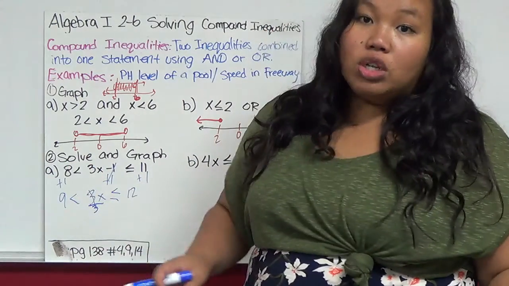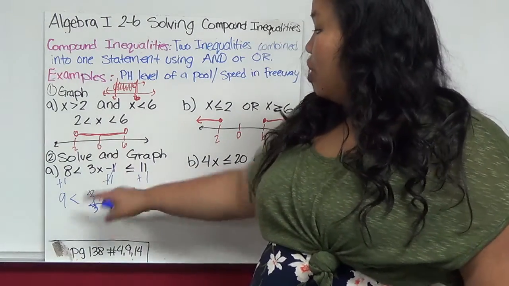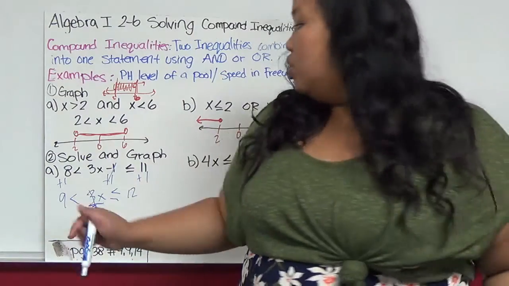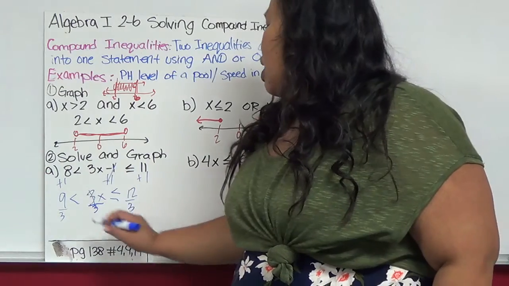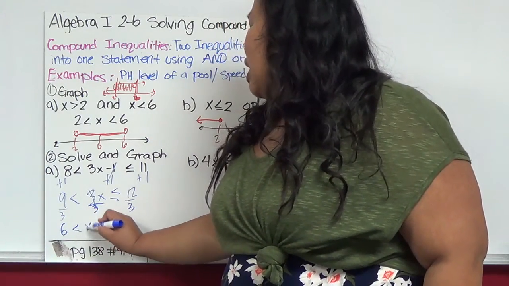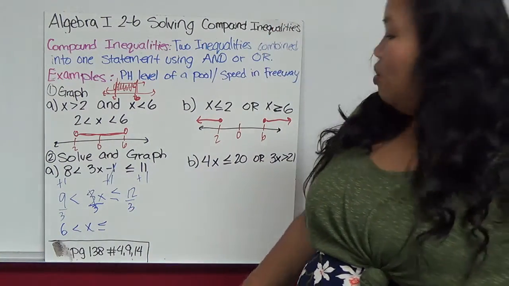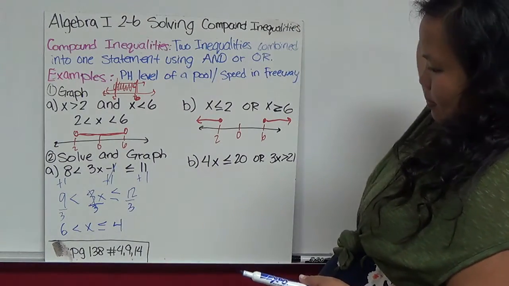Now this rule works the same way even if I have equal signs on both sides. It doesn't matter. But when I have 3 things, it's the same thing, except what I do to one side, I have to do to the other. So I'm going to divide by 3. 9 divided by 3 is 6, which is less than x, which is less than or equal to 12 divided by 3, which is 4. Okay?